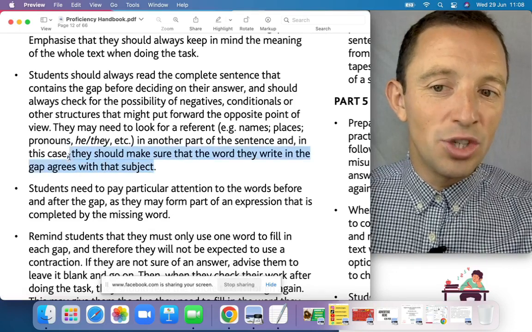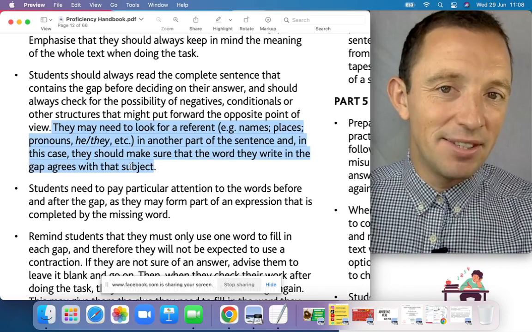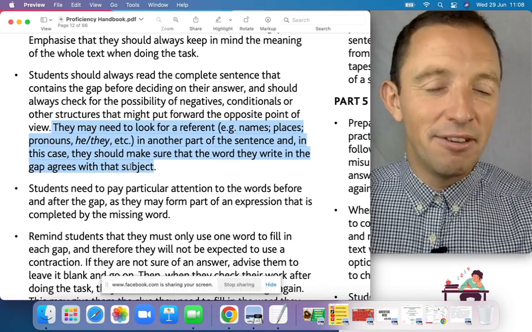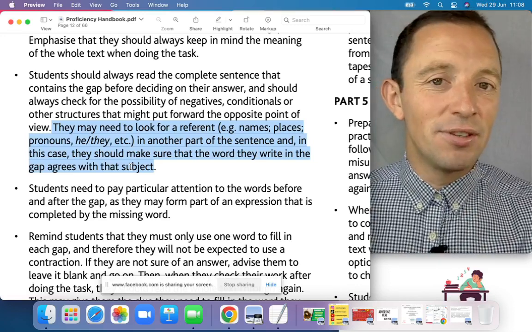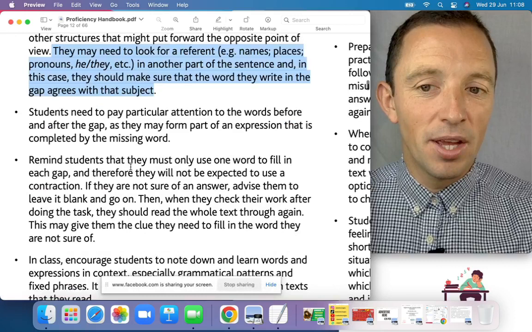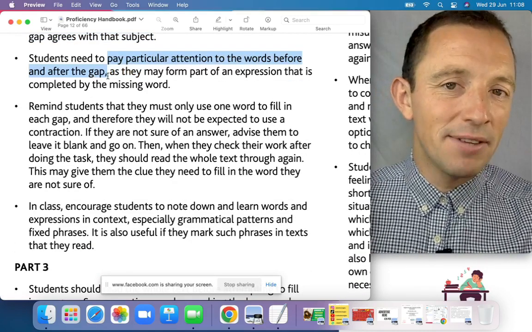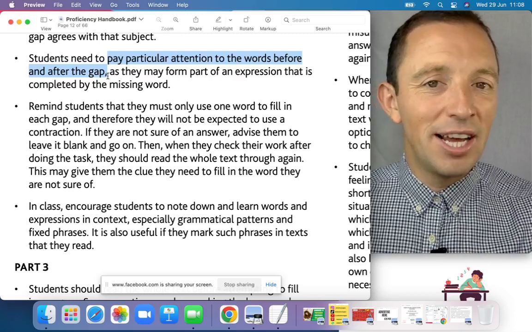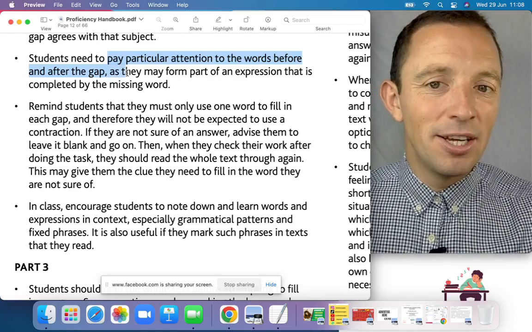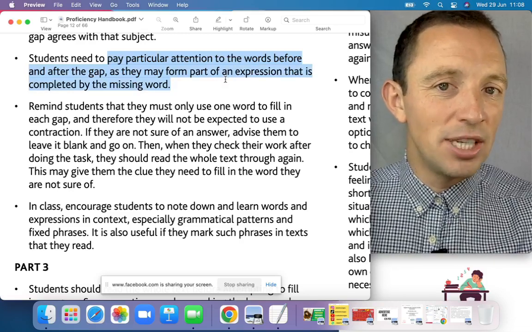Okay, so the word that you write must agree with the subject. So if it's plural, masculine, feminine, make sure that your words agree with the gender of the word. Students need to pay particular attention to the words before and after the gap. So yes, there's a particular word before and a particular word after the gap, because it may be an expression and you just need one missing word.